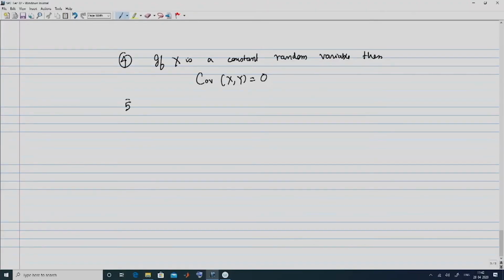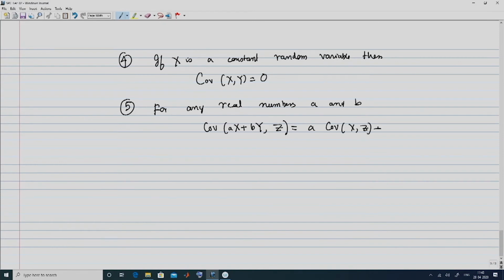Okay, so next we come to the fifth property. For any real numbers a and b, the covariance of aX plus bY with the random variable Z is going to be a times covariance of X and Z plus b times covariance of Y and Z. This will be used later when you look at portfolio theory and talk about the single index model.